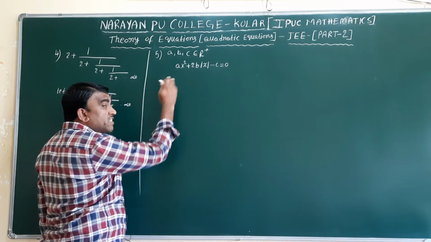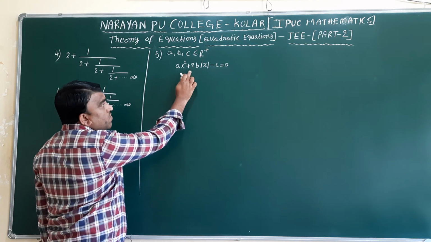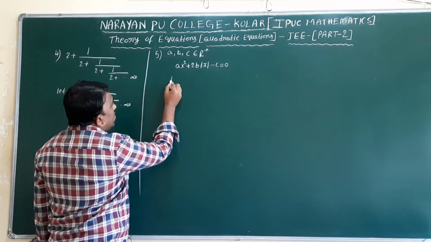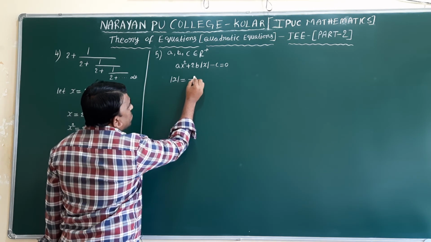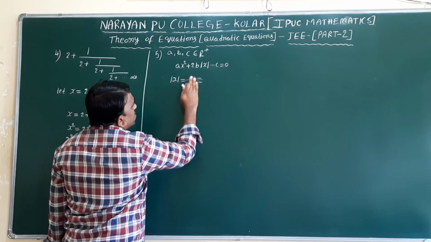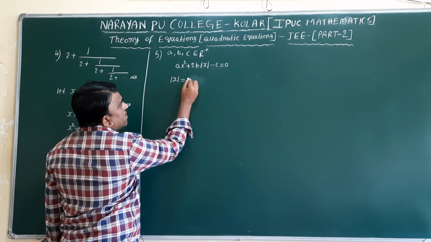If we want to get the roots, that means the solution. We know how to find the solution of a quadratic equation. Modulus x equals minus b plus or minus, okay, we'll write directly. In the place of b, 2b is there.